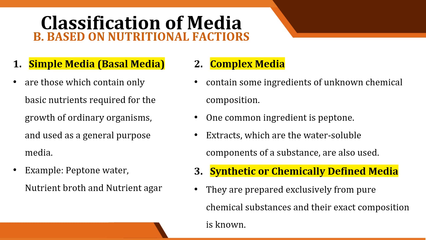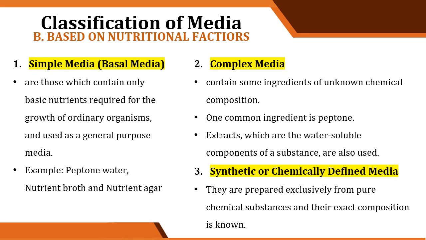Next is complex media. Complex media contains some ingredients of unknown chemical composition. It is unknown because we do not know how much of a certain ingredient is in the media, how much of the amino acids, nucleotide bases, vitamins, and other growth factors. We do not know what percent each is out of the media.